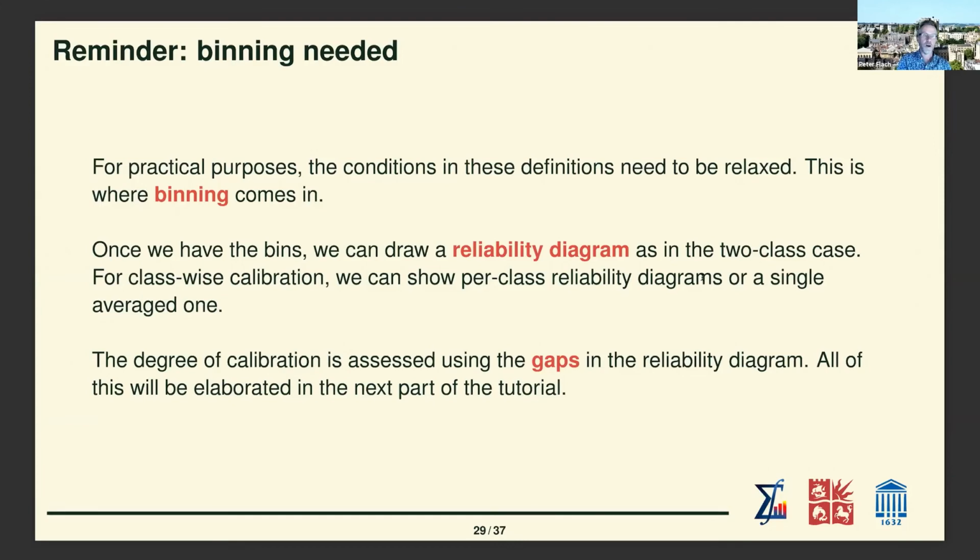For confidence calibration, we by definition have only a single reliability diagram, but this kind of mixes the classes because it only looks at the most confidently predicted class. And the degree, as before, the degree of calibration is assessed using those gaps, the deviations from the diagonal in the reliability diagram. So again, this will be elaborated in Telmo's part after this part.